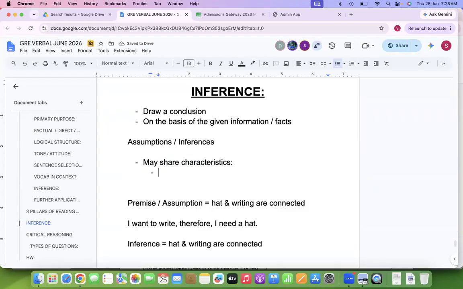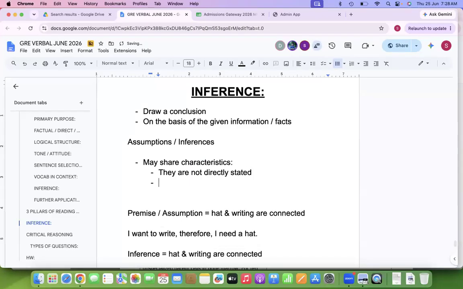The characteristics are that they are necessarily unstated directly. Somebody said this earlier. They're not stated in what is given to you. Yet, they are 100% true. So one of you said, what has hat got to do with writing?